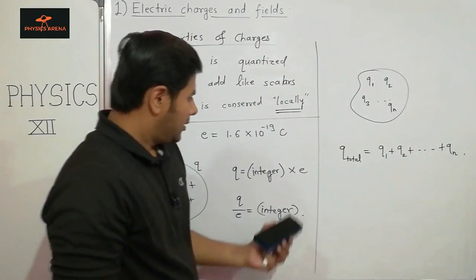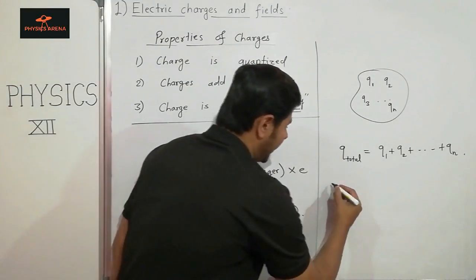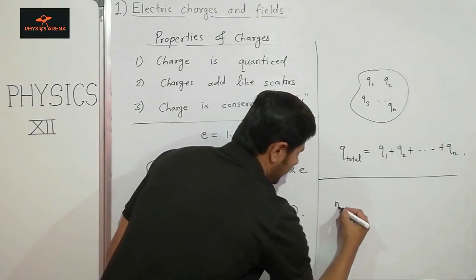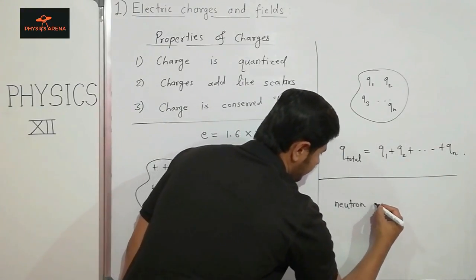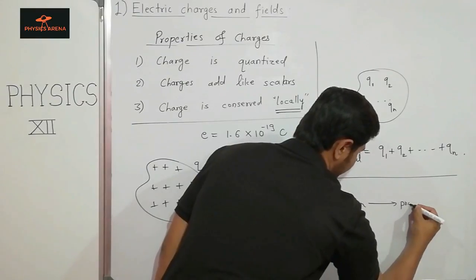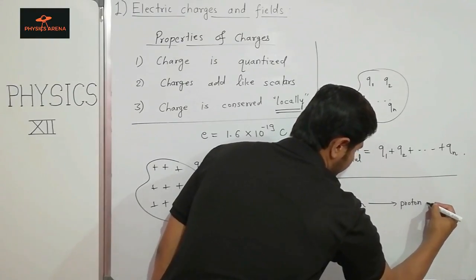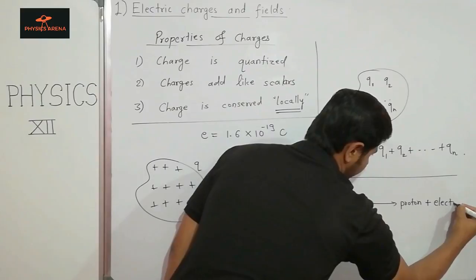Okay, now we can have reactions such as this. A neutron gets converted to a proton and an electron.